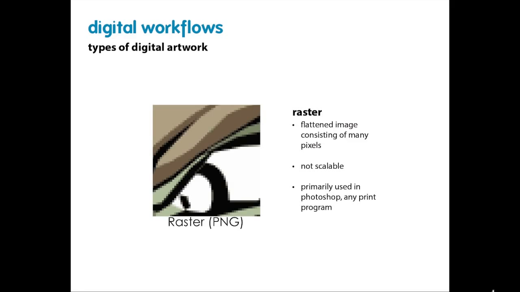So as you scale that pixel grid up and down, the size of the pixels will change, but not their relationship to each other. If you zoom in too much, you're going to get real pixelization. So it's used primarily for photos.